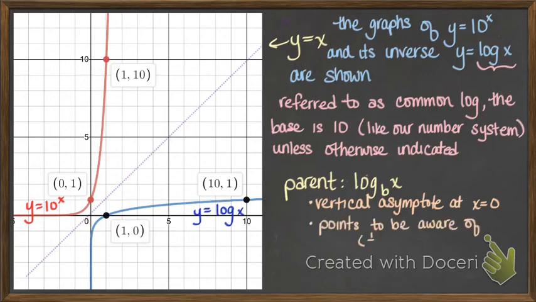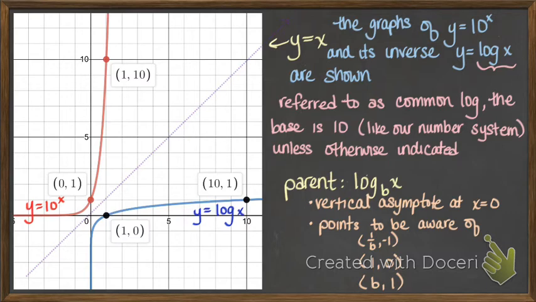We pay attention to 3 very specific points in order to get this graph created. The point (1/b, -1), the point (1, 0), which we can see in the graph of y equals log x, and the point (b, 1), which we can also see in the graph of y equals log x, because in that case, remember, b was 10. Now these are direct reflections of those same points that we were working with when we graphed the exponential function.